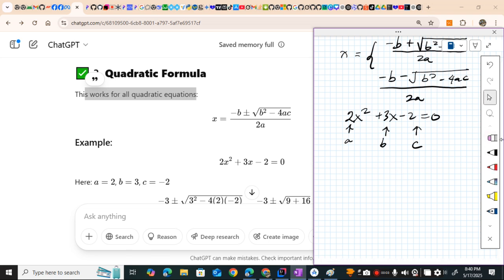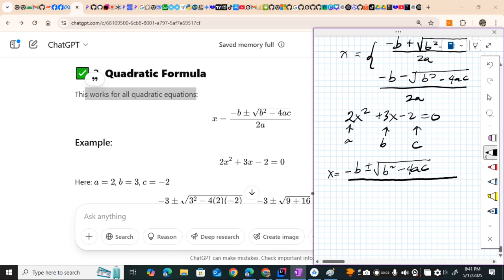So for the roots, we have x equals minus b, and we write it in compact form, so we have plus and minus the square root of b squared minus 4ac. By the way, this term inside the square root is called the discriminant.